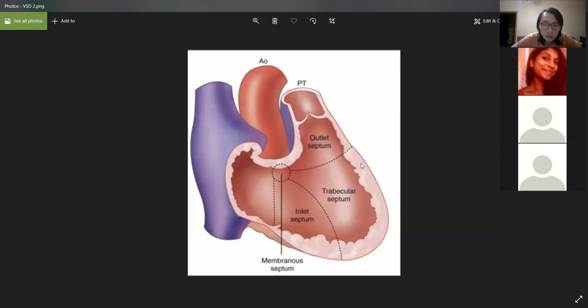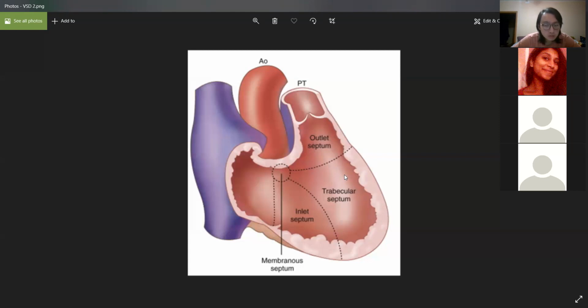From the name itself, you see that any defect here is surrounded by muscles and it is close to the apex of the heart. It can occur in various locations of the trabecular septum and it is frequently multiple.